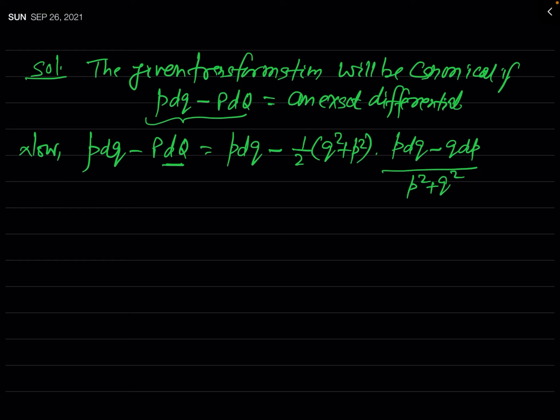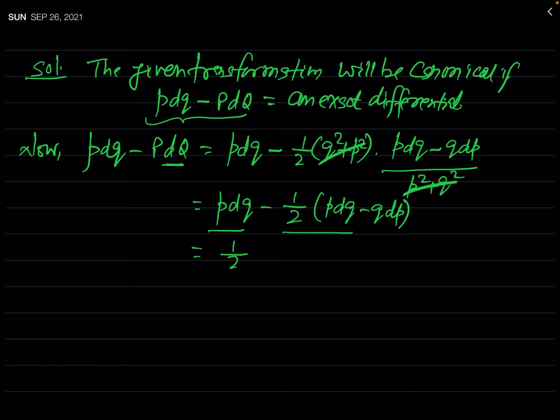You can check it. Now this q square plus p square you can see will cancel out, and your result is what? This is p dq minus half p dq minus q dp. And you can see this p dq minus half p dq, this will be in fact half p dq.